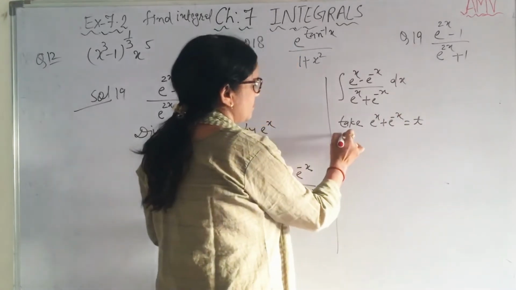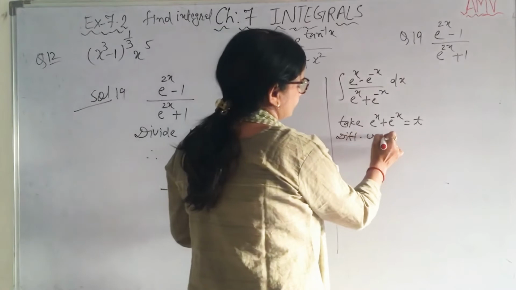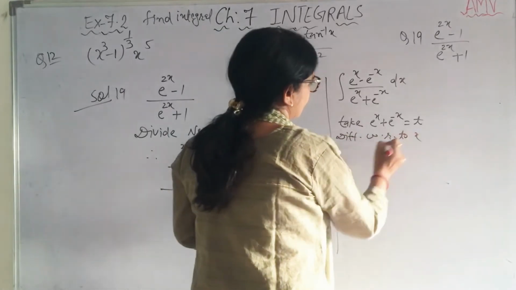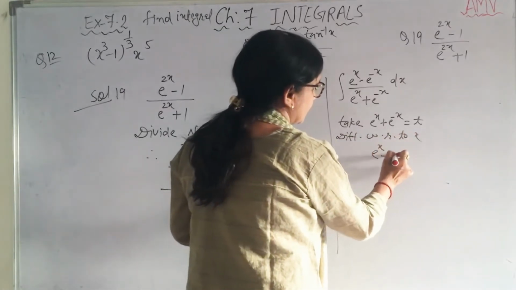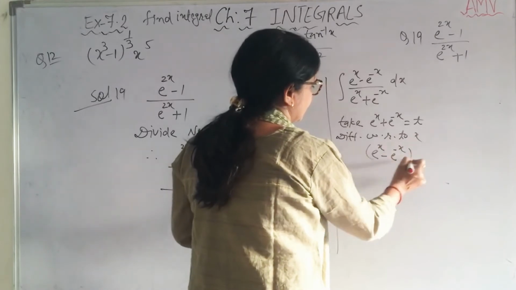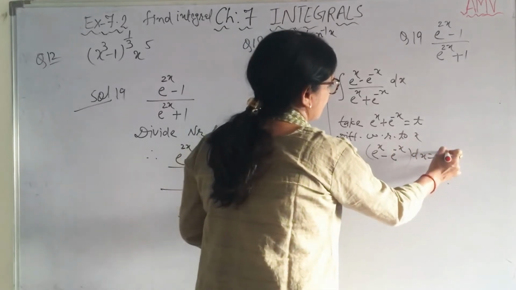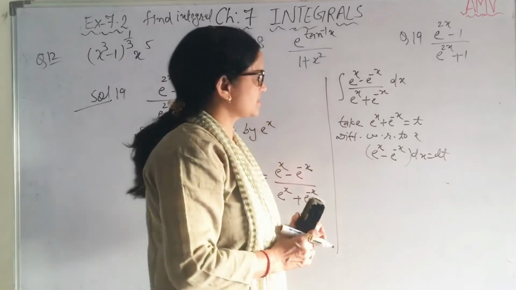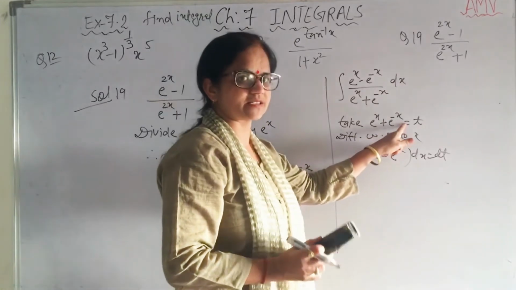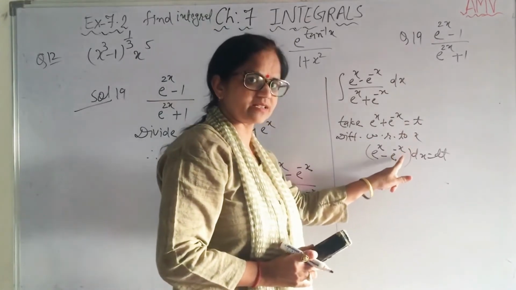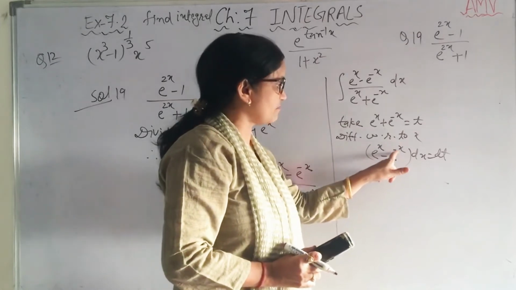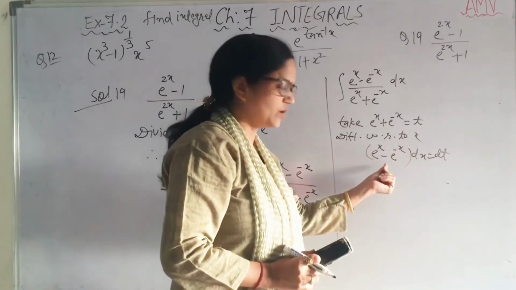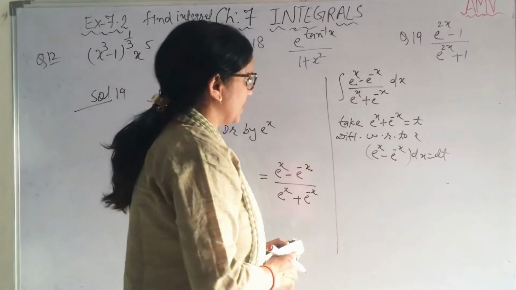Now differentiating, you will get (e raised to x minus e raised to minus x) dx is equal to dt. Since the derivative of e raised to minus x is first e raised to minus x as it is, and then the derivative of minus x is minus 1, so here it is minus.